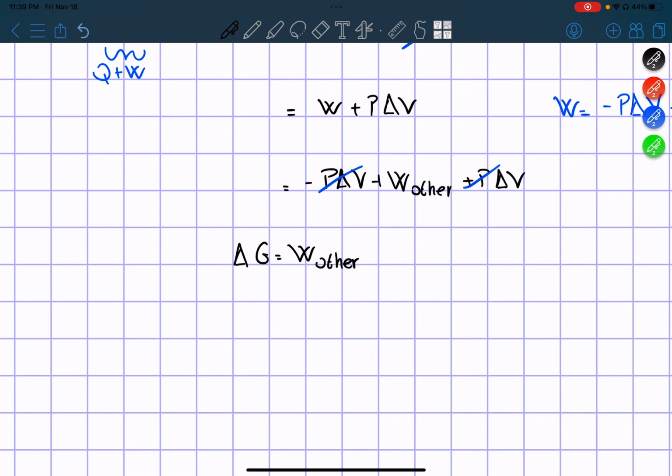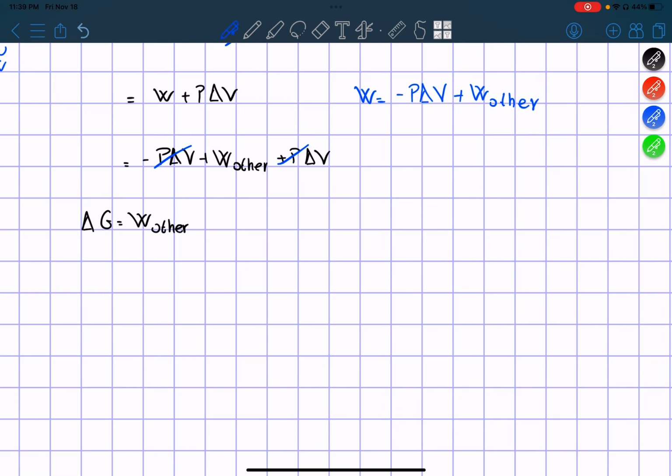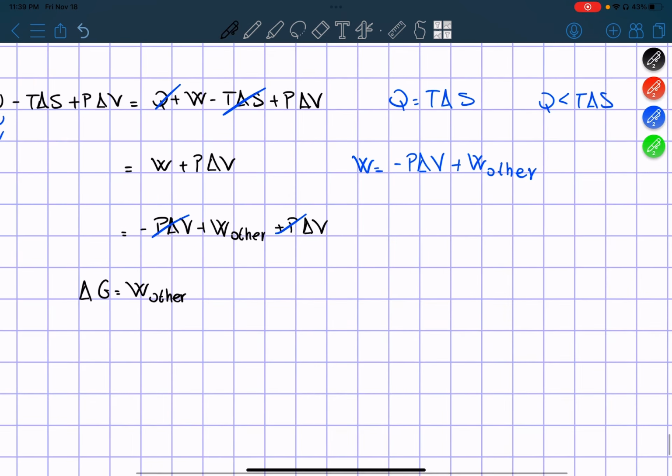But again, we always know that we're not going to have a perfect Q equal to positive T delta S, and we're going to have a Q actually less than T delta S. So our final delta G will be less than or equal to work of other at a constant temperature and pressure, which we're always assuming.